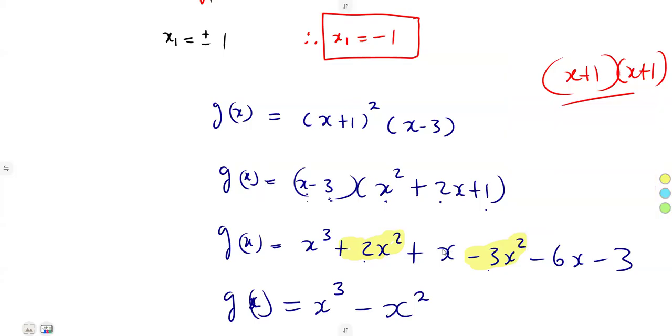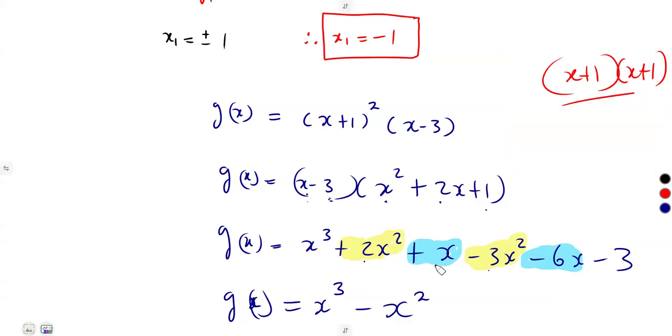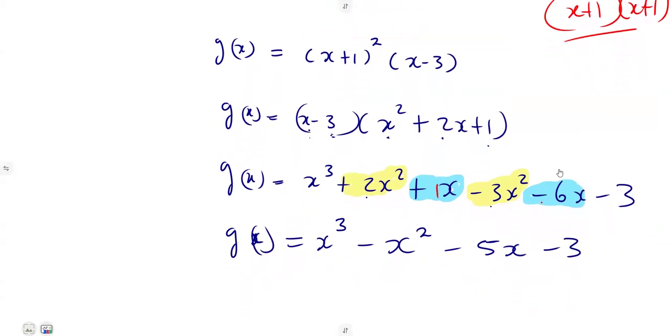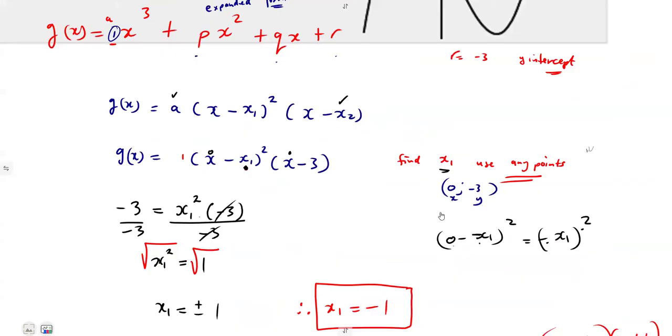We consider x here and minus 6x. These are like terms as well. So this is 1 minus 6, which is what? Negative 5x minus 3. All right? From this, that's where we can tell what represents P, what represents Q from the format.